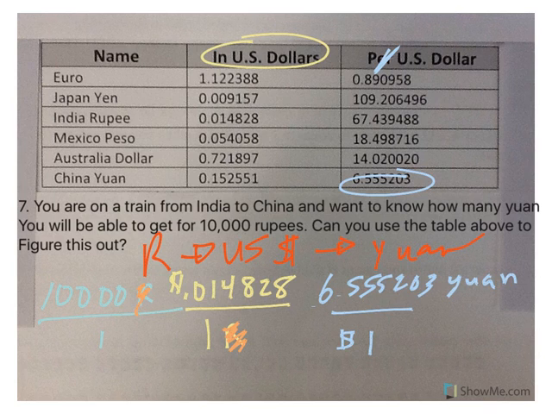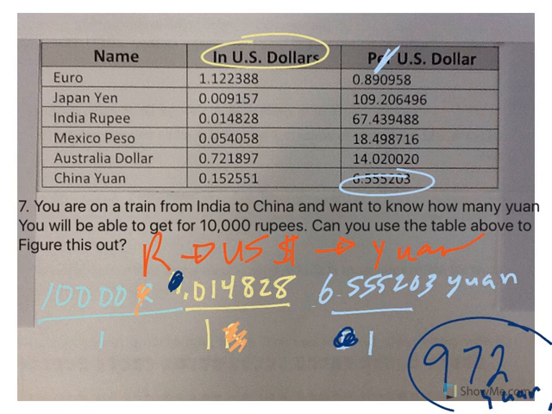So that makes my dollars go away, and I'm left in yuan. When I multiply those across to the nearest yuan, I'd have 972 Chinese yuan. So you go from 10,000 rupees, where you feel like you're loaded, to 972 yuan, where you're like, yeah, it's not nearly as many as 10,000, but it's all equal.